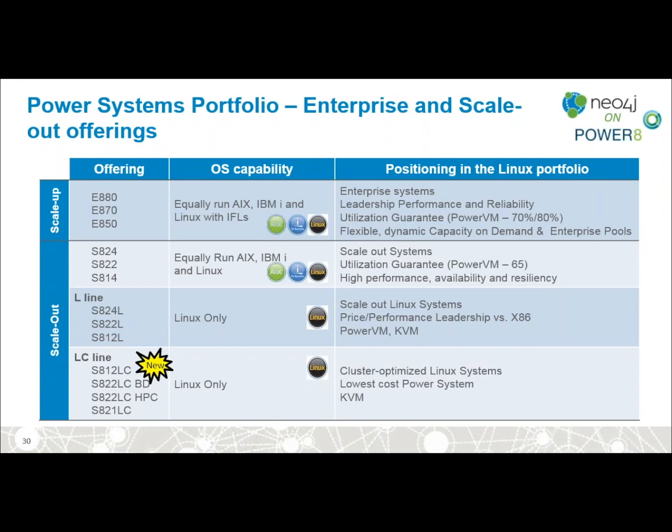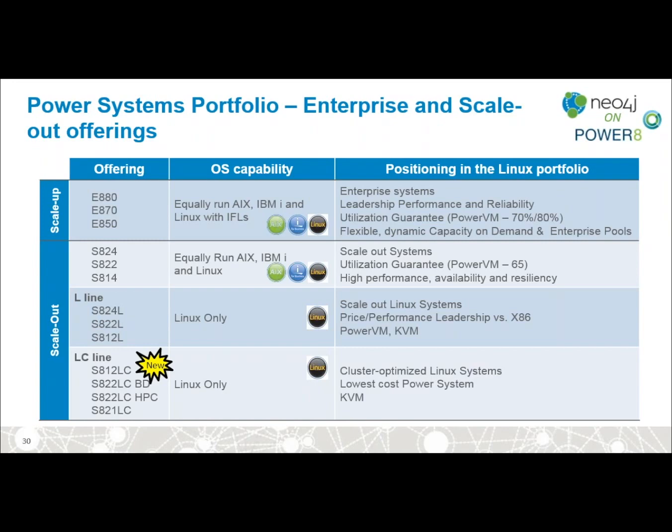So focused on enterprise computing, right? I mean, these servers, these E880s to the E850s can go all the way up to 192 cores, and up to, say, 32 terabytes of memory.